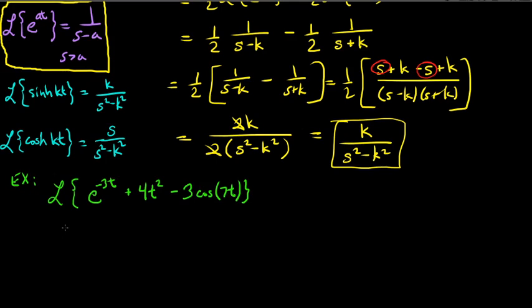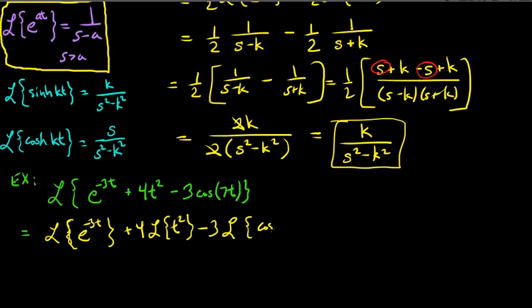Okay. Well, since the Laplace transform is linear, we can just split them up. Let's do it all at once here. Boy, that's a funny looking brace, but there you go. And then we can pull out the 4 and just take the Laplace transform of t squared, and then pull out the negative 3 and take the Laplace transform of cosine of 7t.